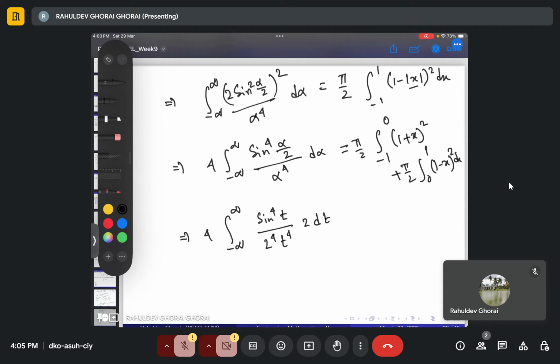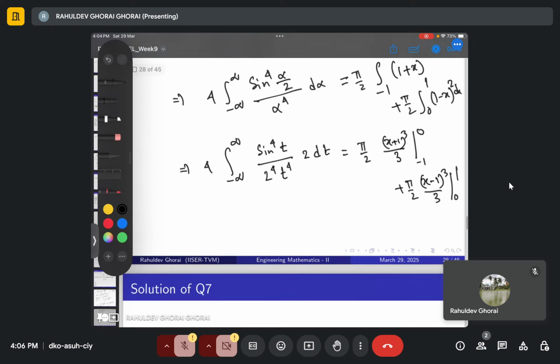So 2 dt is equal to pi over 2 times (x plus 1) whole cube over 3 from minus 1 to 0, plus pi by 2 times (x minus 1) whole cube over 3 from 0 to 1.